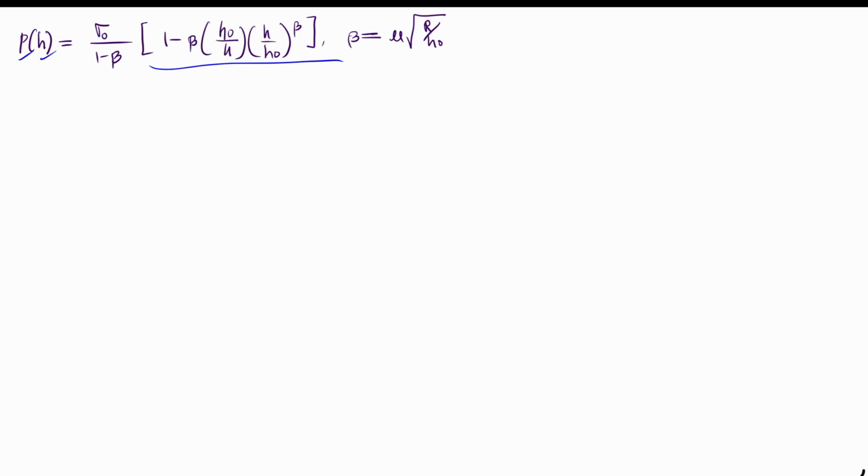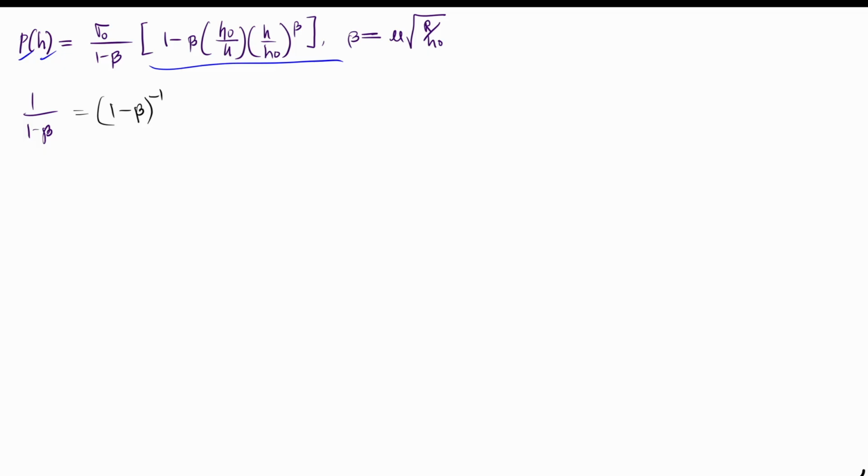Okay, so the first one is that we have to get the approximation of 1 by 1 minus beta. Actually this can be written as 1 minus beta raised to minus 1, correct?